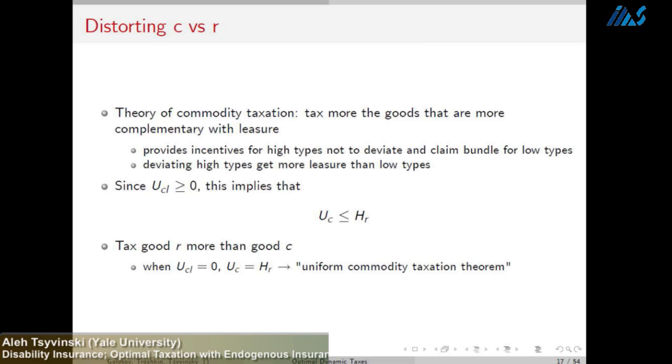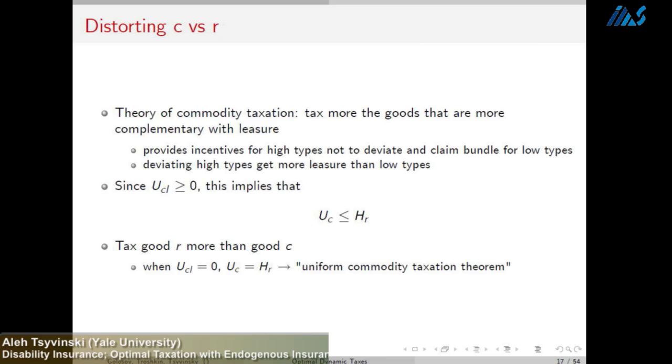So why is that? Let's look at the deviation. Let's look at a very high skill agent pretending to be lower skill. How is this agent going to differ from the truth-telling agent, the lower type agent who works honestly and reveals his type? Well, the difference is that this deviating agent will have more leisure.